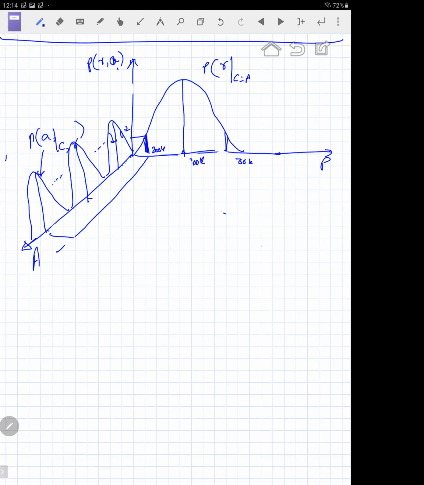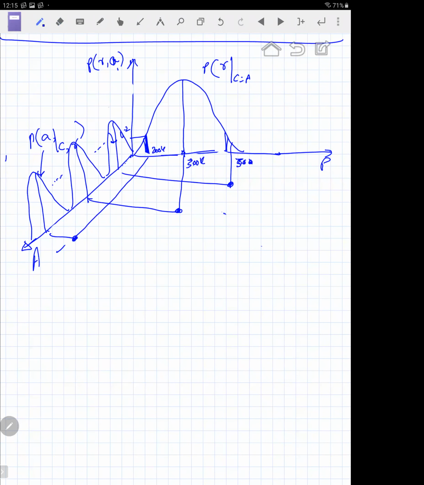200K house, this is my average. 300K house, this is my average. Average is the joint average. 500K house, this is the average, right?